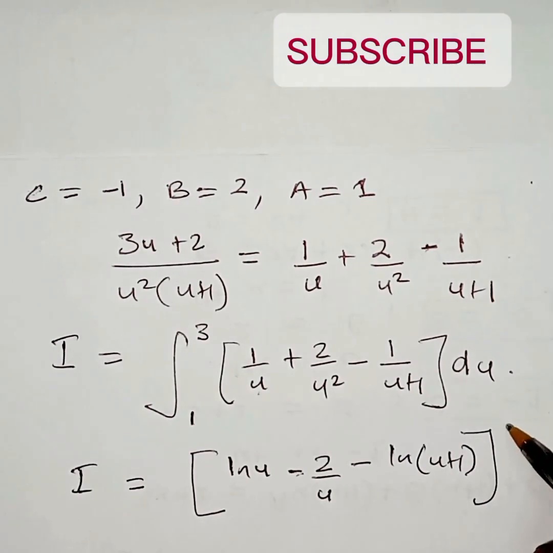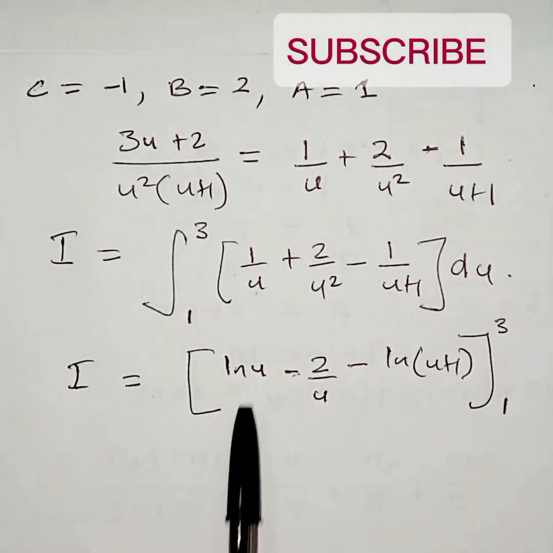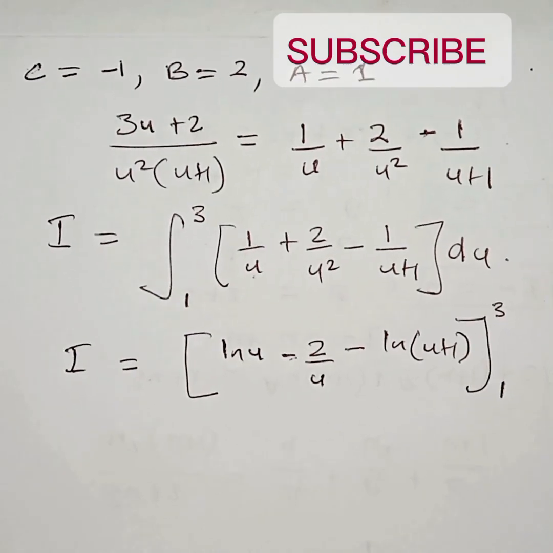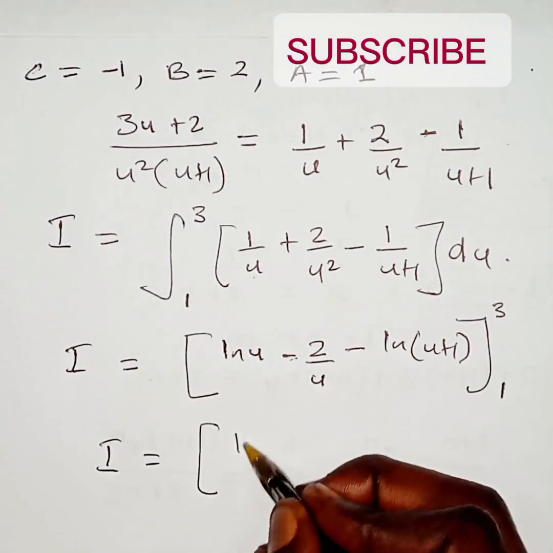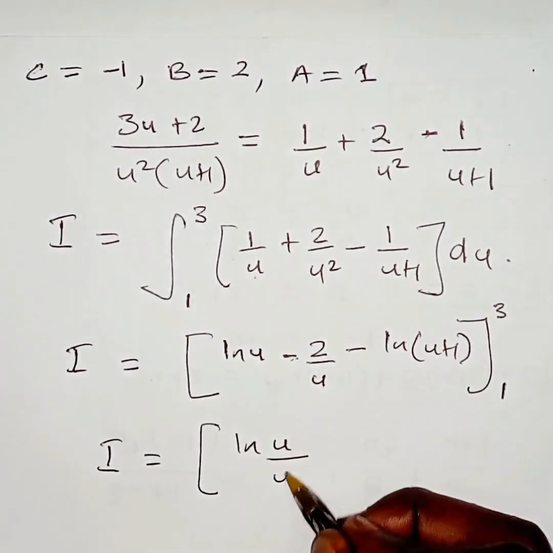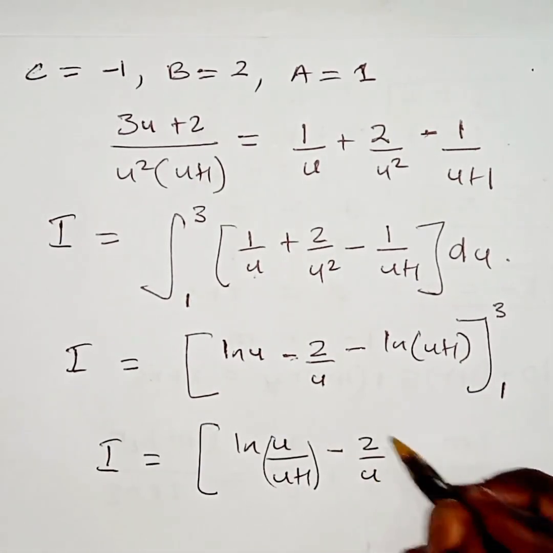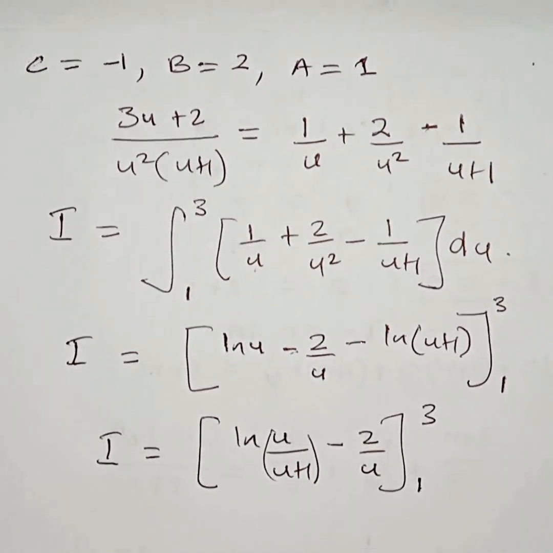Then we put our limits from 1 to 3. All right, now we can just use the laws of logarithms. This is subtracting that. So you know, from the laws of logarithms, we're going to say now I is equal to ln u over u plus 1 minus 2 over u, with the limits from 1 to 3.